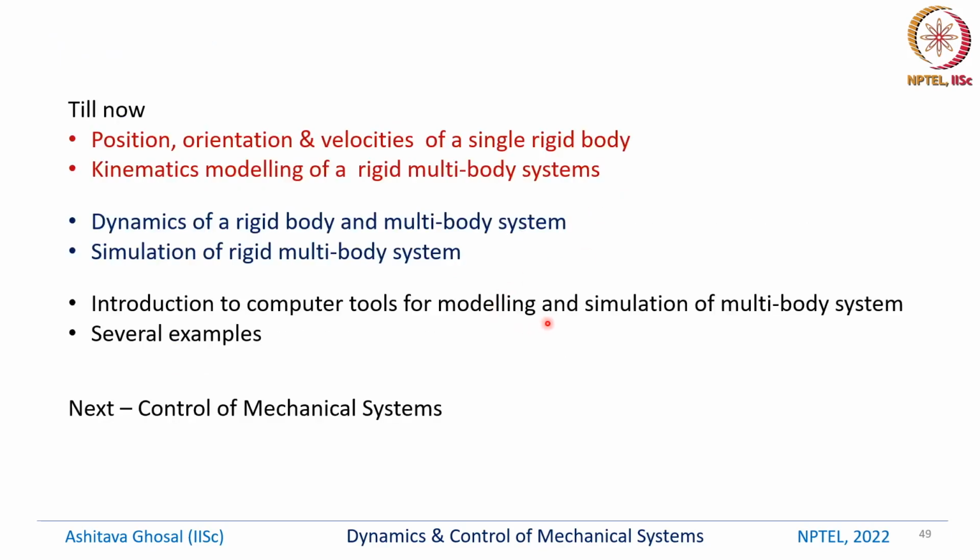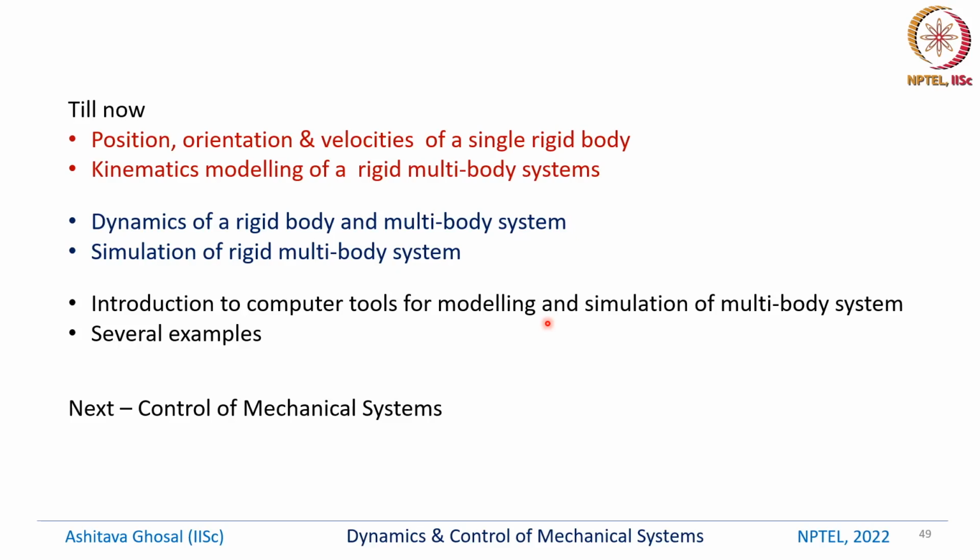So till now, we have looked at position, orientation, and velocities of single rigid bodies. We have looked at kinematics modeling of rigid multi-body systems. Then we have looked at dynamics of rigid body and multi-body systems. We have looked at various ways of simulation of rigid multi-body systems.